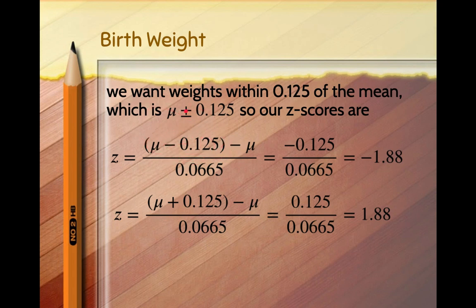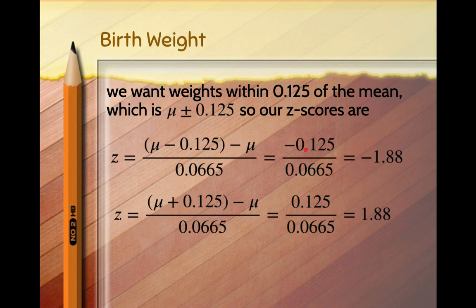Your weights are now going to be mu plus or minus 0.125, because that's where we're looking. We want to be within 0.125 of the actual population mean. So we take mu minus 0.125 minus mu, and the mu's cancel out.